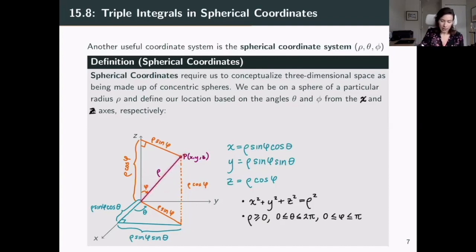And so from this point, I only need to think about the angles from 0 to pi. I can get all of the other values based on where we are in the xy plane. For example, if my theta was 3 pi over 2, I could have that my rho was down here, so that my phi would be between 0 and pi.